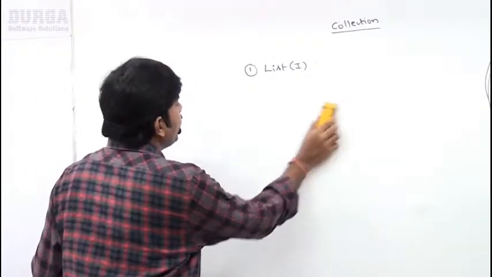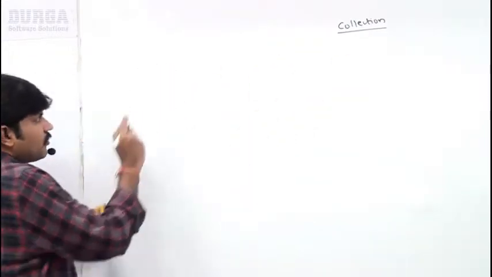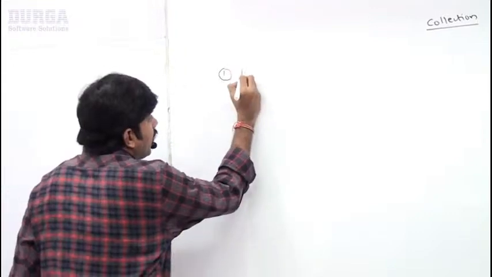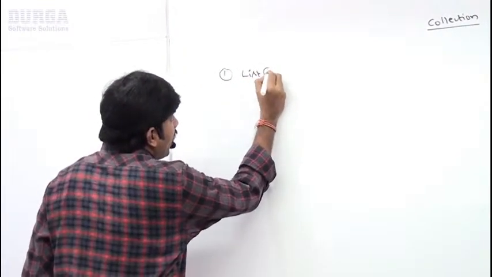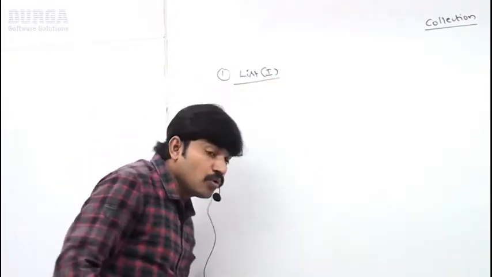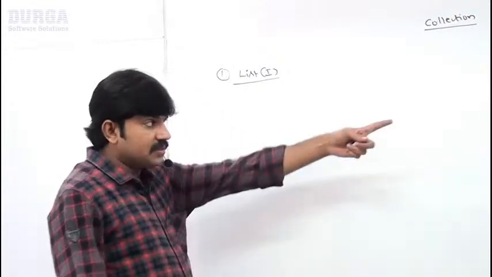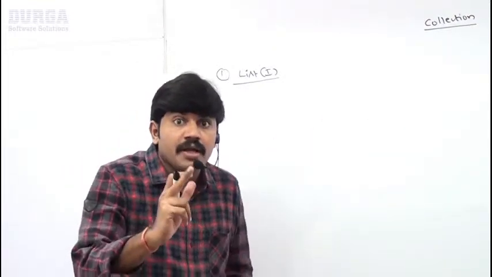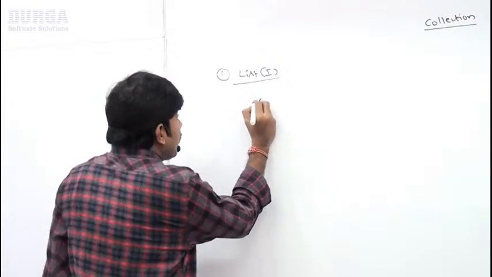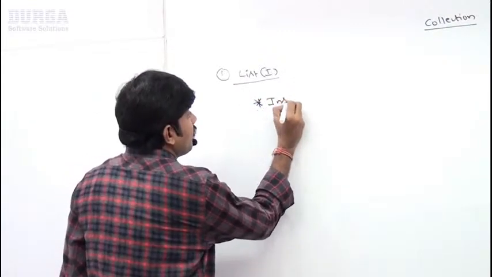Now observe very carefully. Sometimes what will happen is I want to represent a group of objects as a single entity where insertion order is preserved. Are you getting that?